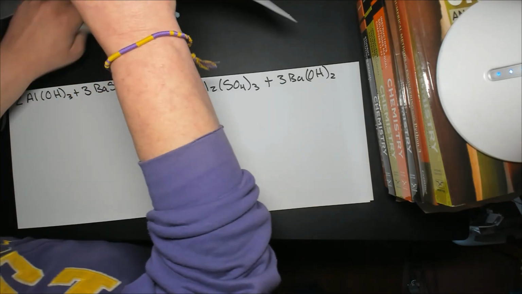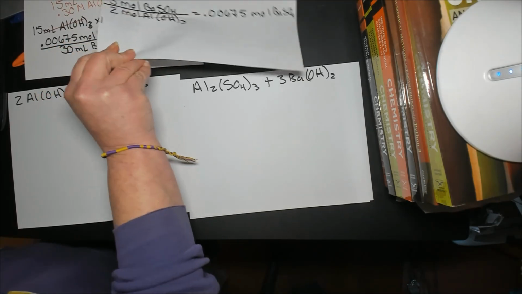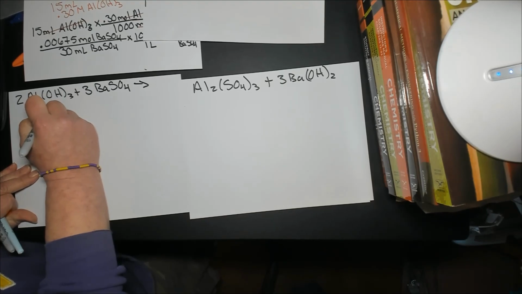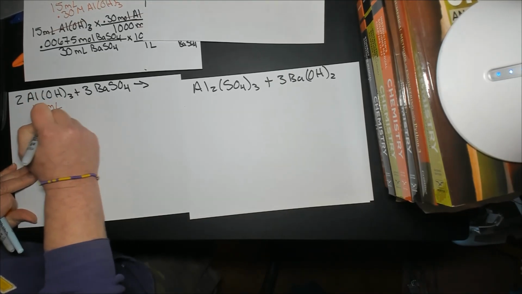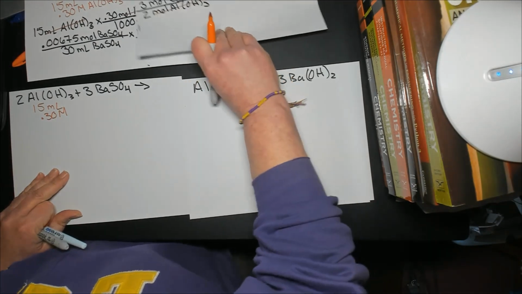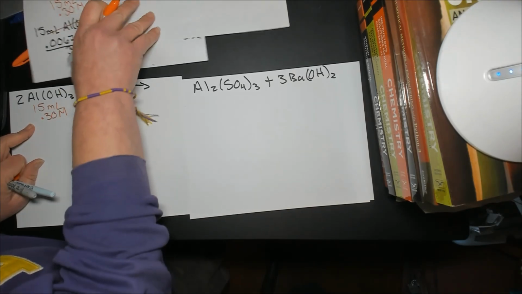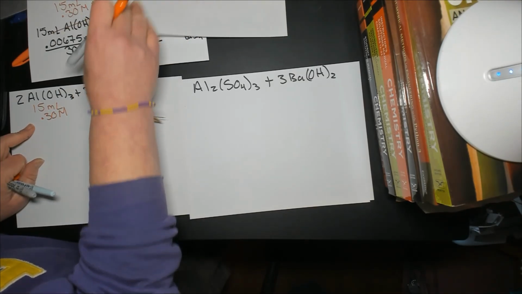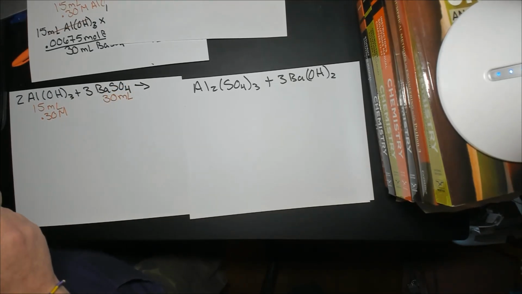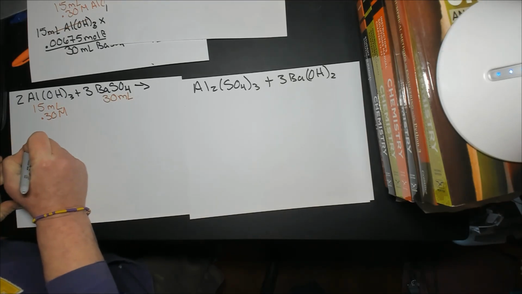And let's see what information we have. We'll repeat that. I said we have 15 milliliters of this at 0.30 molar, and 30 milliliters of this. So let's relate it to our product. Same process.